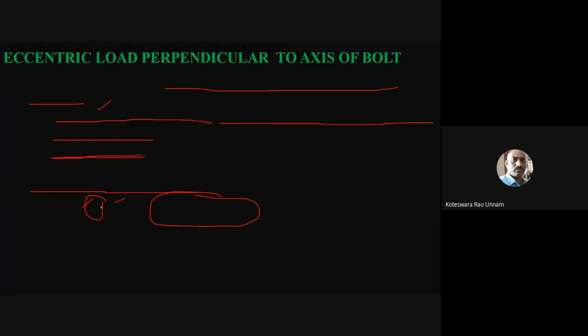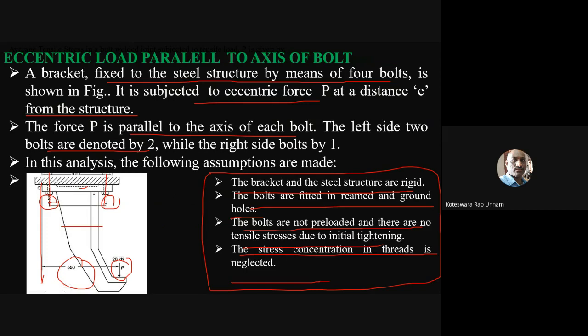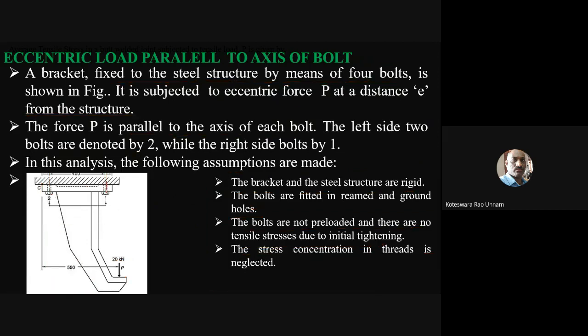If we go back to the diagram here, this is the first set and this is the second set. So P1 dash is the direct tensile load acting along this axis. For this bolt set, it is P2 dash that acts. If I transfer this force to here, that is going to be P.